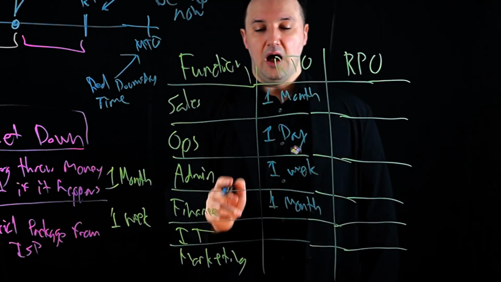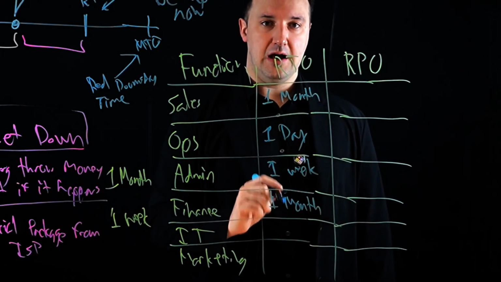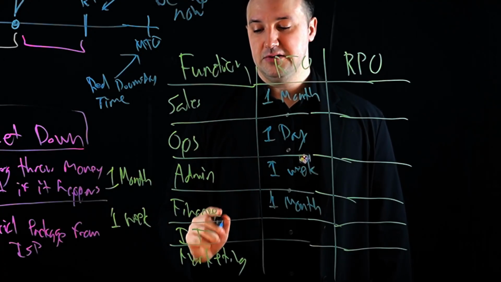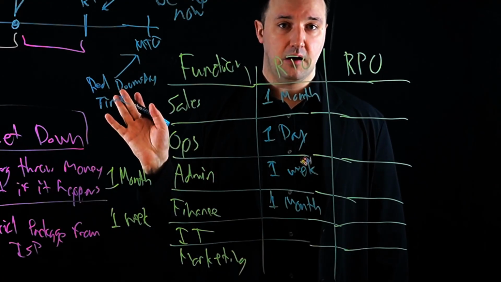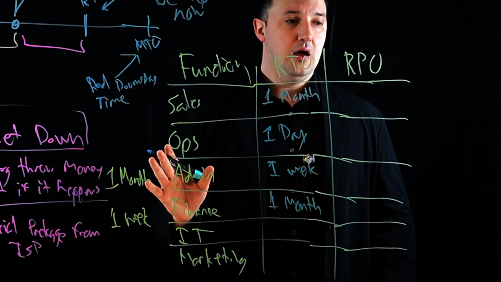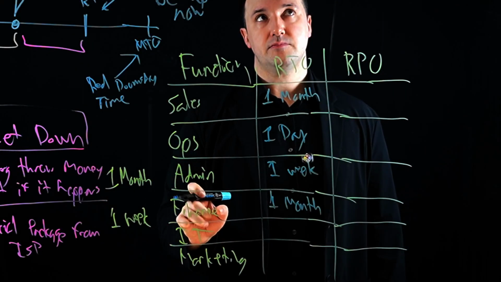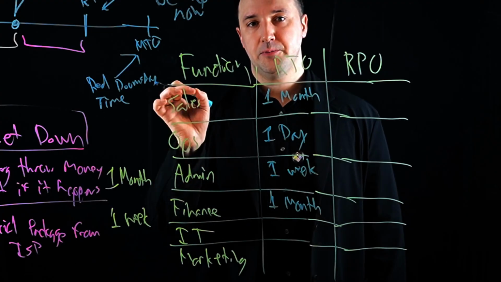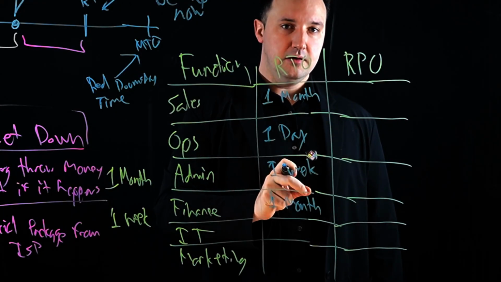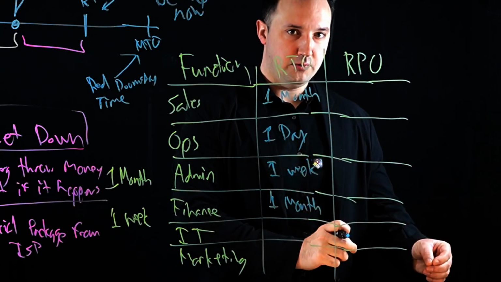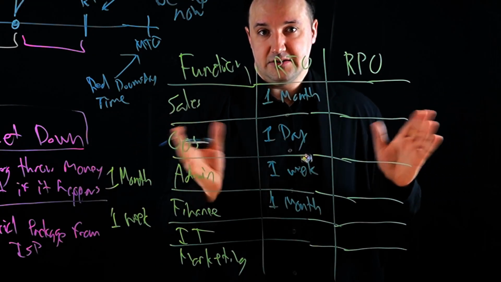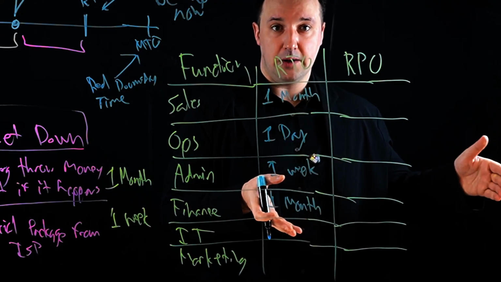IT is going to say, how long can I be down until it's intolerable from the perspective of IT? Now, most businesses are just going to put IT at like an hour or a day because they're so dependent on them. They're just going to assume it. The reality is, from the perspective of IT, how long can IT afford to be down until IT says this is unworkable, this is unacceptable, I can't make up for what I'm doing?